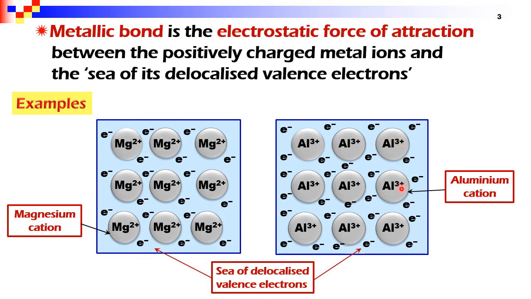For aluminium, if we are drawing 9 aluminium cations, and since each aluminium atom releases 3 electrons, you have to draw a total of 27 electrons in the electron sea.